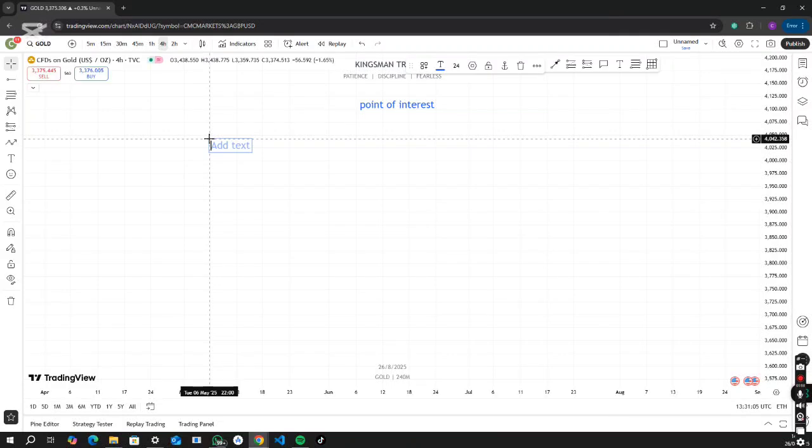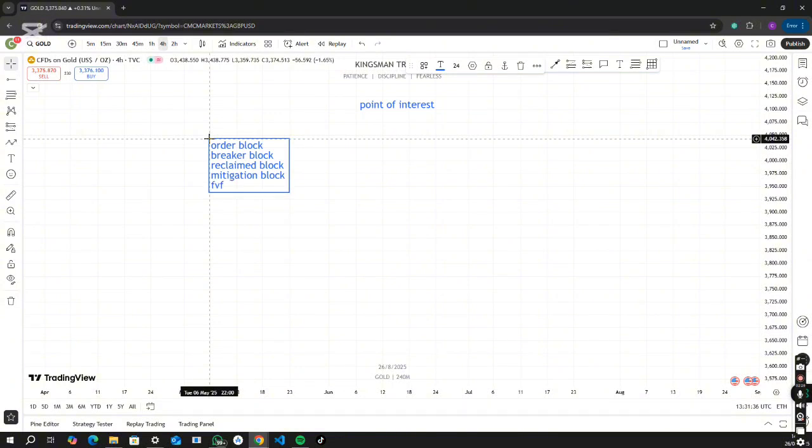So now we have the order block, we have breaker block, we have reclaim block, we have mitigation block, and FVG.